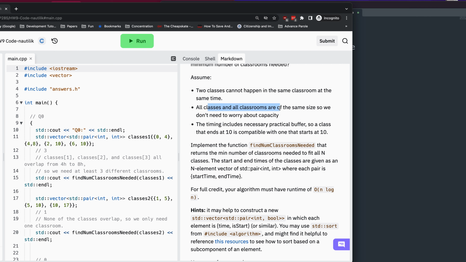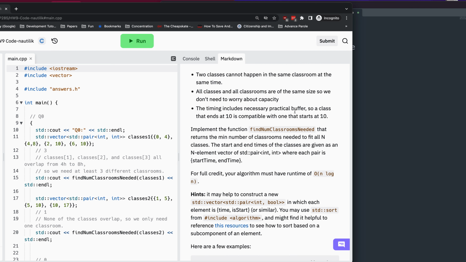Now, all classes and all classrooms are of the same size, so we don't need to worry about capacity. We don't have certain classrooms that are smaller or bigger; every classroom can fit any class. The other thing is that the times we're given include a buffer.